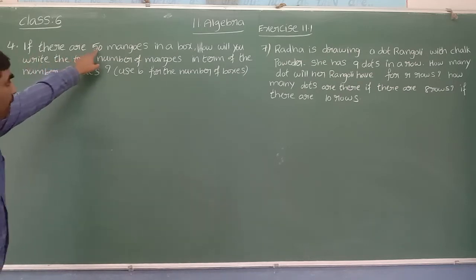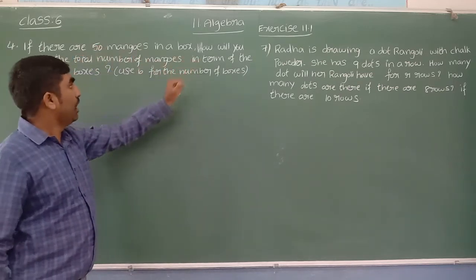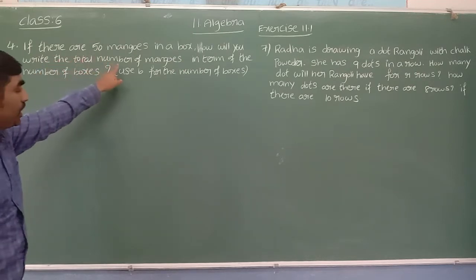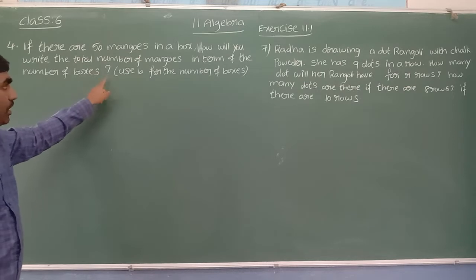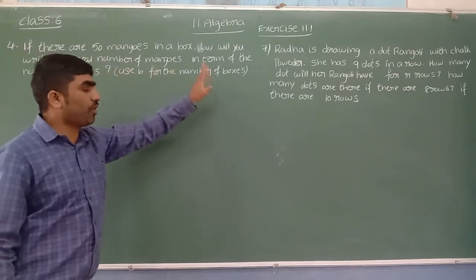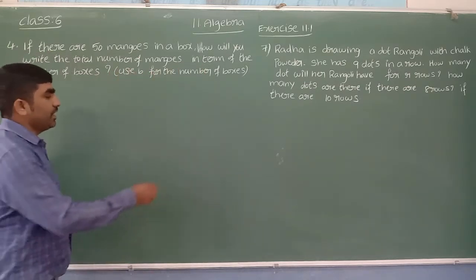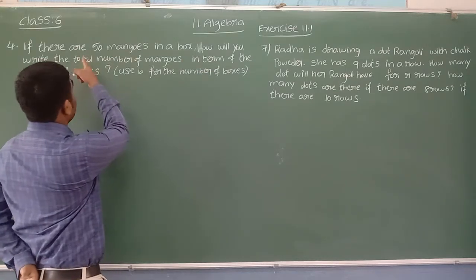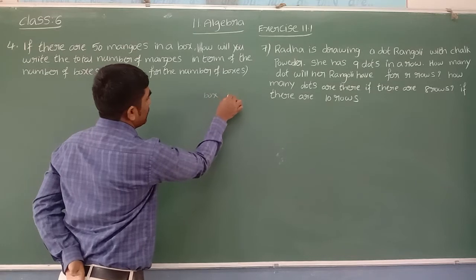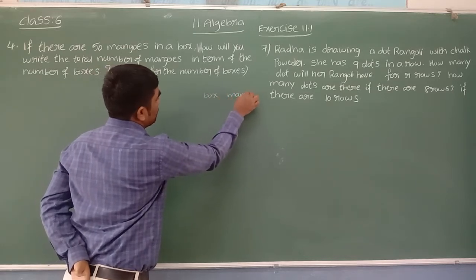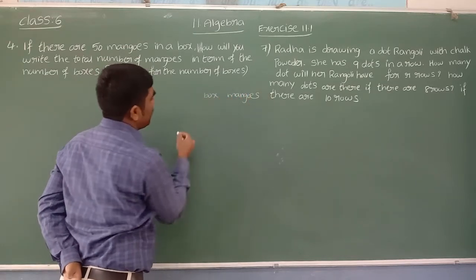If there are 50 mangoes in a box, how will you write the total number of mangoes in terms of the number of boxes? Use B for the number of boxes. They said here there are 50 mangoes in one box. Here the box, and here the mangoes.